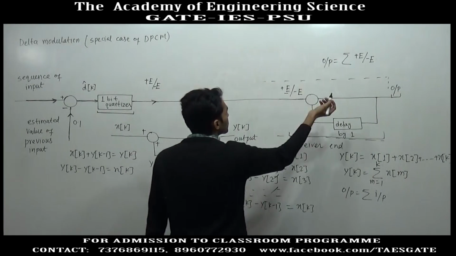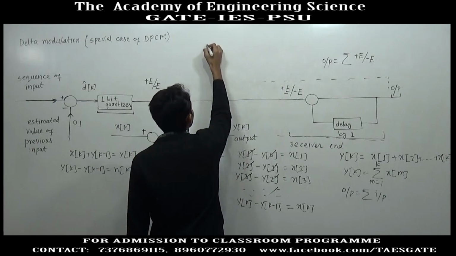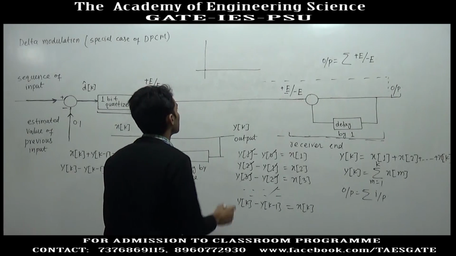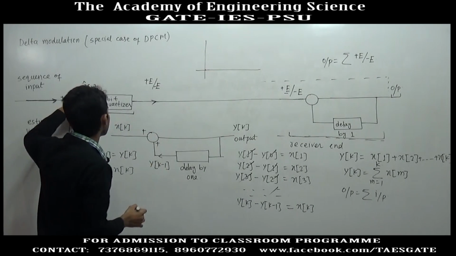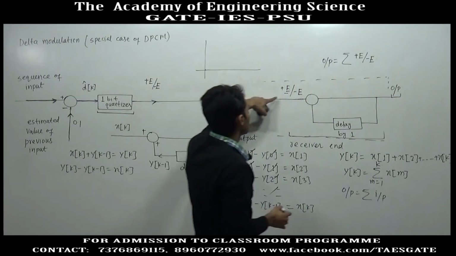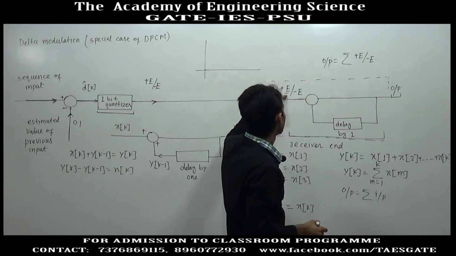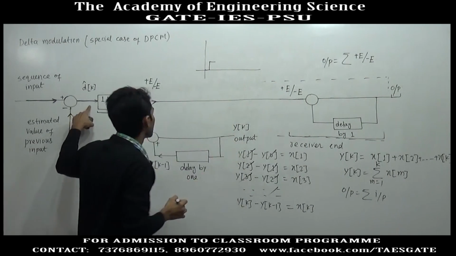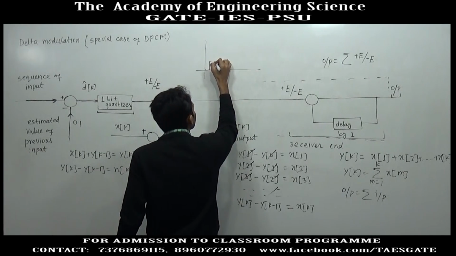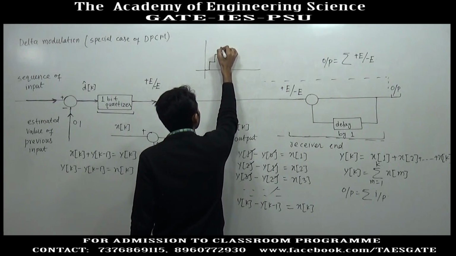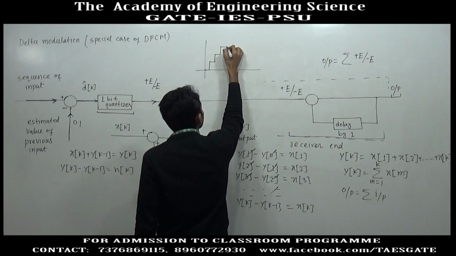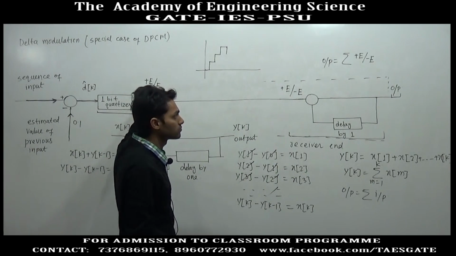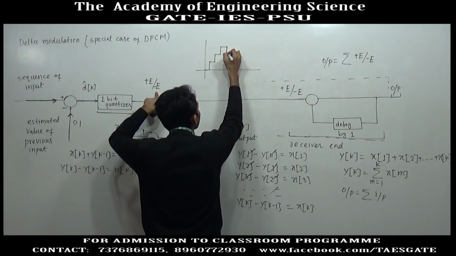So, if we try to draw a graph, suppose the initial output is 0 and first we are getting plus E. Suppose here the input is positive, we will get plus E. So, y1 will be the first input, this will be plus E. Again suppose here the value is positive, then again plus E will be added, again suppose it is positive, then at the next instant suppose the input is negative, we will get minus E. So, minus E will be added to the output.